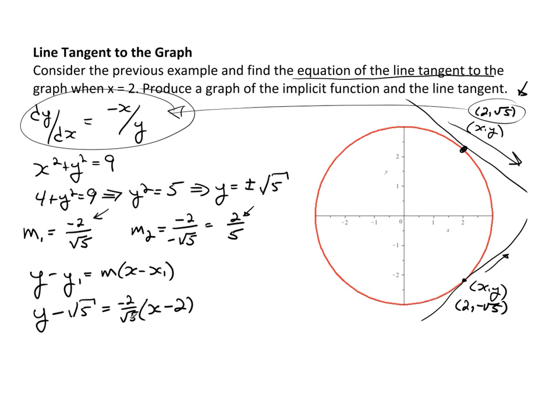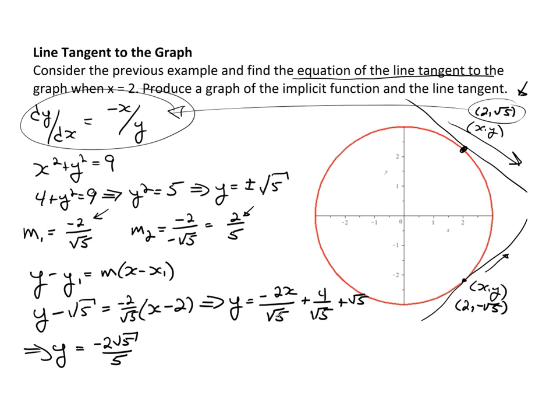It's no big deal. So this would then give me that y is equal to negative 2x over root 5 plus 4 over root 5. I need to move this over, plus root 5. So that means that y equals negative 2 root 5 over 5 x.